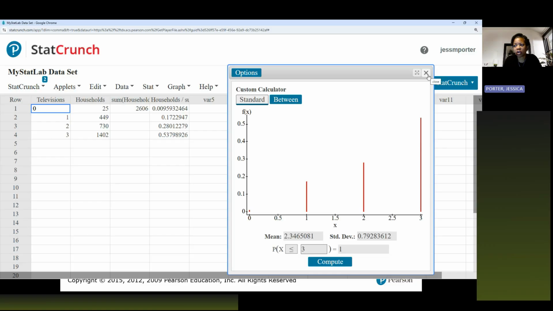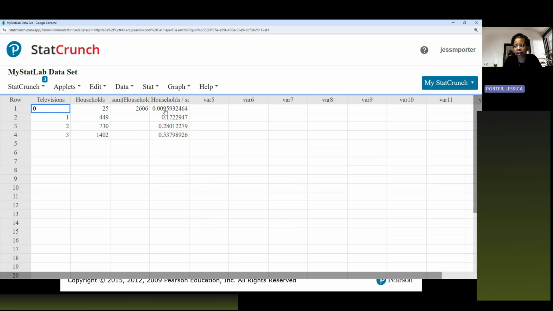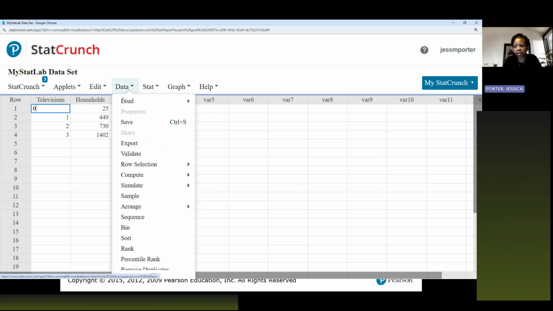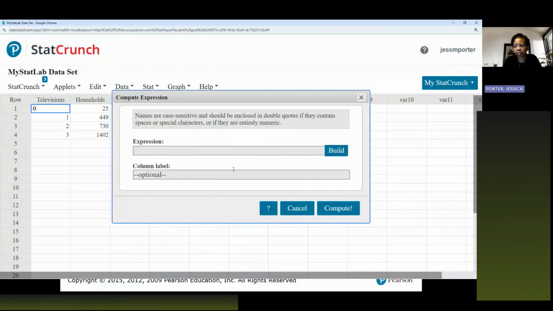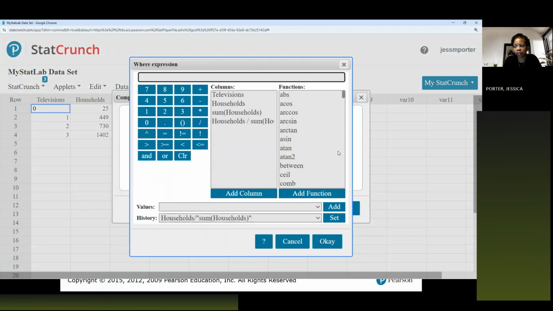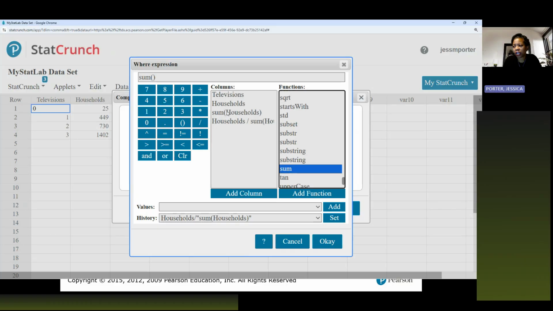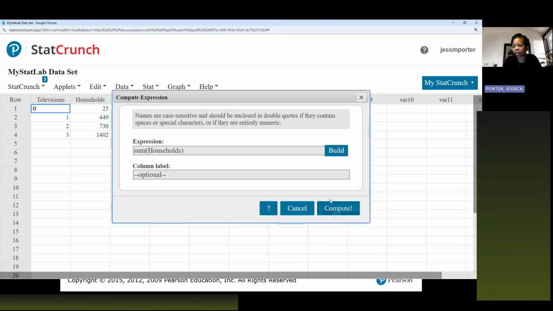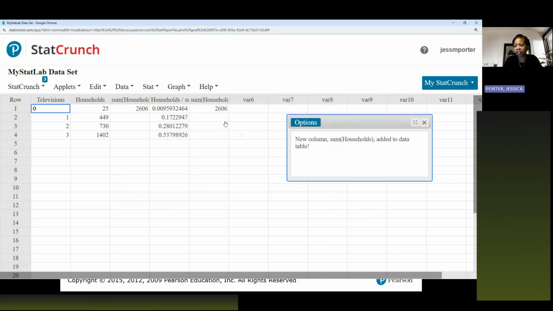Are you looking for how to do the relative frequencies in StatCrunch? That was the compute, expression, build. And remember, to get the sum, we did sum, and then sum of the households. Okay, and compute. There's your 2606.